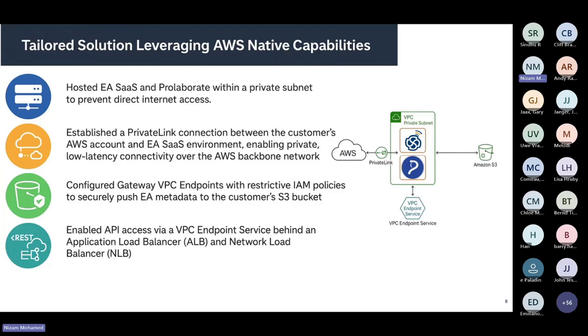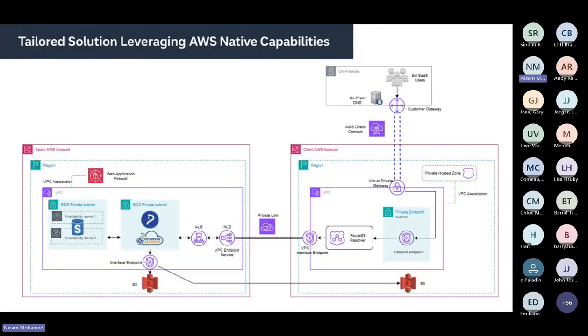And we configured specific VPC endpoints and IAM policies to have the metadata exchange to their S3 bucket, or to be able to access the APIs through specific load balancers as well. So this solution helped us solve each of those requests that were specifically highlighted.